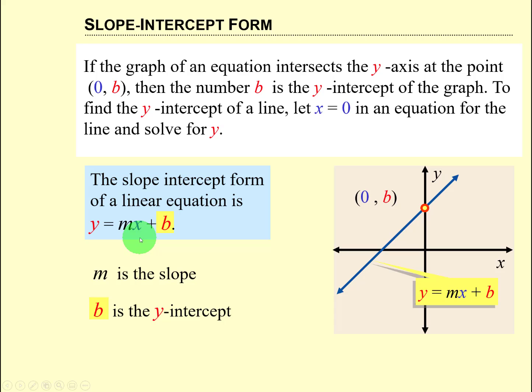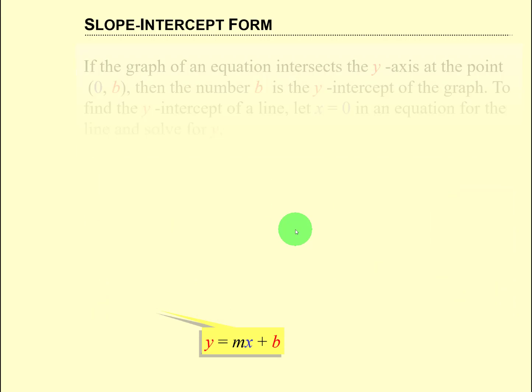The next thing we need to know in order to use this formula is the slope. What is the slope? The slope is a measurement of the change in the y variable, how much we go up, over the change in how much we go over on the x variable. So we'll look into that later on. But if we know that, then we can just plug it into the formula y equals mx plus b and begin graphing.